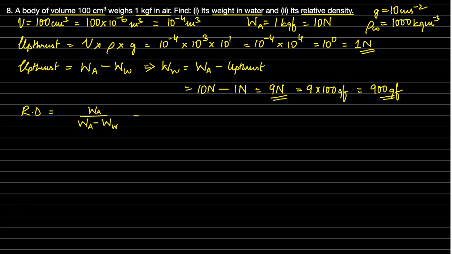So weight in air, we know it as 10 newtons. So 10 newtons divided by weight in air, which is again 10, minus weight in water, which is 9. So we get this as 10 divided by 1. So 10 divided by 1 would give us 10, and relative density will not have any units.